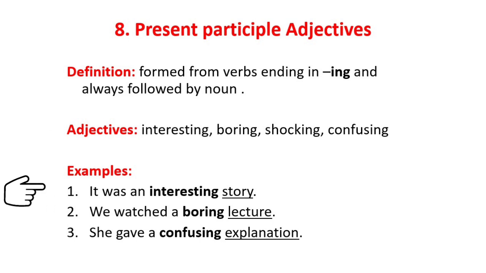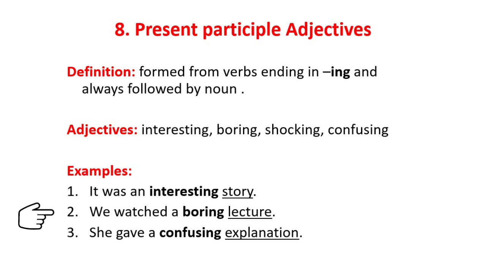It was an interesting story. Now here story is a noun, and just before that we got the ing form of verb, that is interesting. So here it is not a verb, it is a present participle adjective. Now see the second sentence. We watched a boring lecture. Here lecture is a noun, and just before that we got the ing form of verb, that is boring, right?